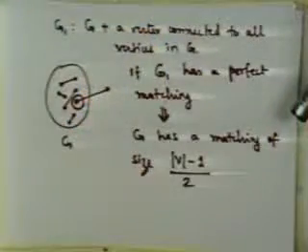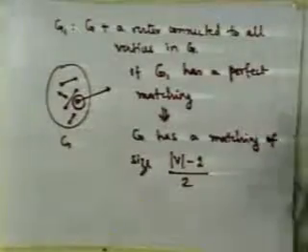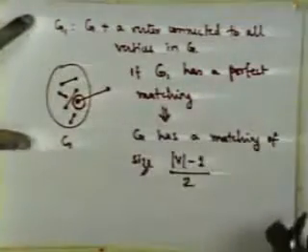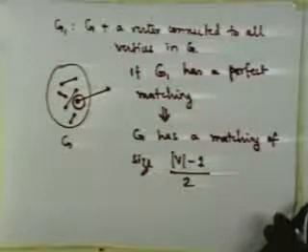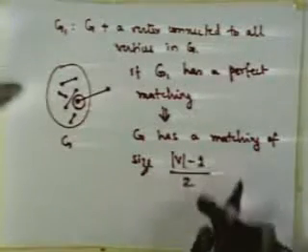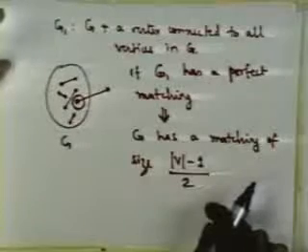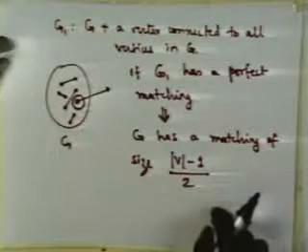We know that because G did not have a perfect matching, it does not have a matching of size V by 2. On the other hand, it has a matching of size (V minus 1) by 2. This is if G1 has a perfect matching. What if G1 does not have a perfect matching? Then we know that G does not have a matching of this size.